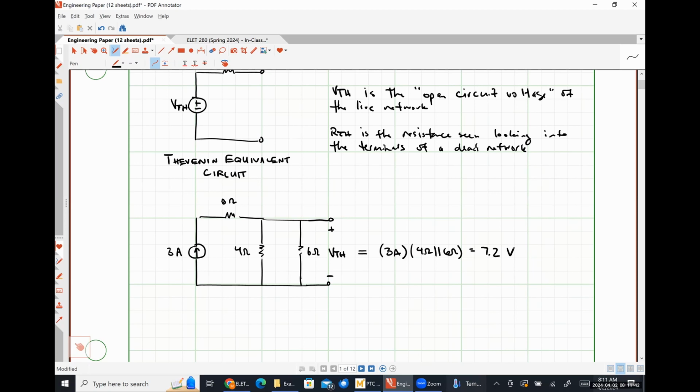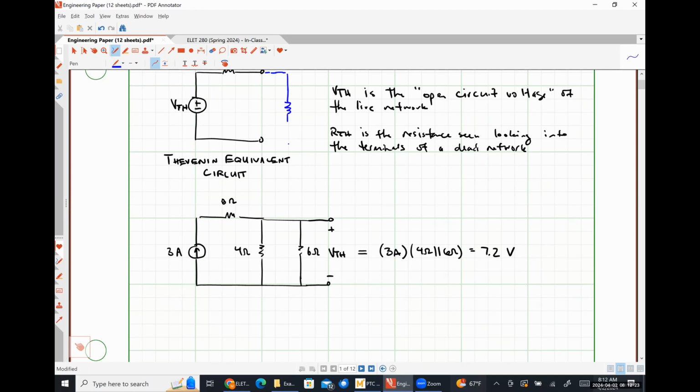Okay. So to be explicitly clear here, because this is something that you're going to be doing fairly regularly throughout at least the classes that you have with me, and this is part of power analysis and all of that kind of stuff. And when you guys go out into industry, Thevenin voltage is always the open circuit voltage across our element of interest or terminals of interest, right? So effectively what we're doing here is we're seeing what voltage some load would see. So let me put, right, so we're removing the load.